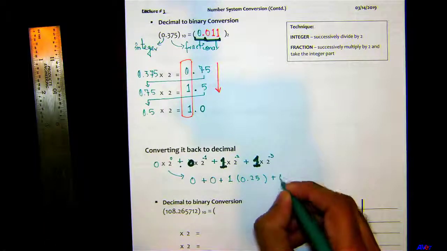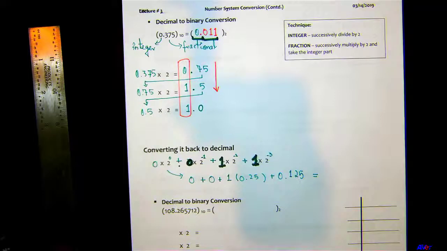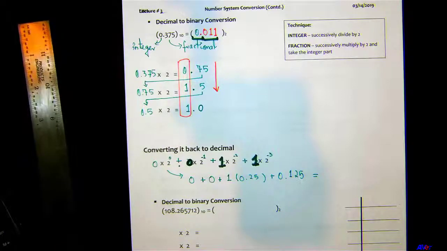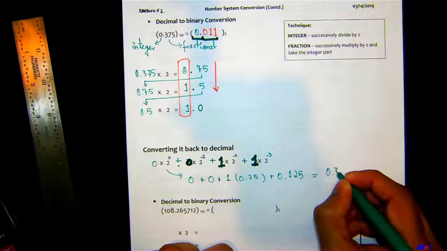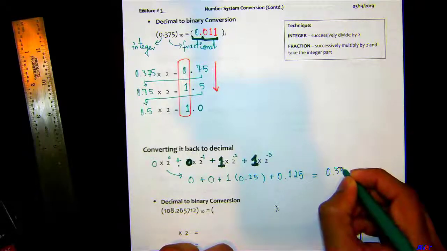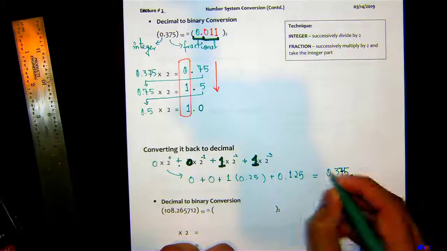This is going to be 0.125. Okay, let's add these numbers. So you get 0.25 plus 0.125, and then we get 0.375, which is in decimal right here.